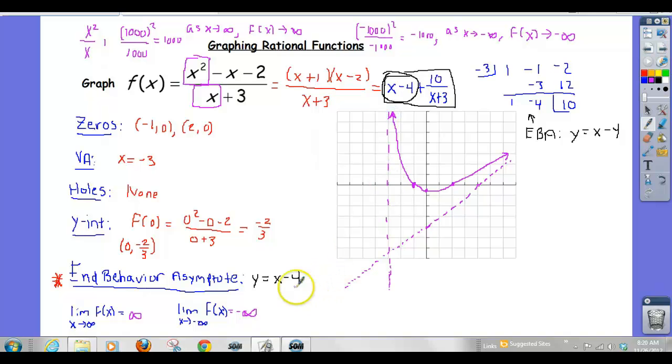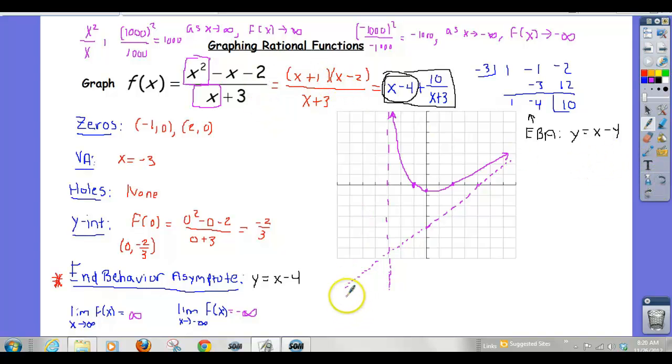And now the natural question is, what's it doing to the left of this vertical asymptote? Well, again, I want you to appeal to your reasoning. It can't be doing something like this. And we talked about this in class. It can't be doing that because if that happened, there'd be another 0. But there is no other 0. We would have found it, so it can't be doing that.